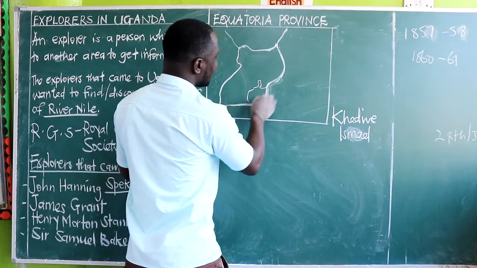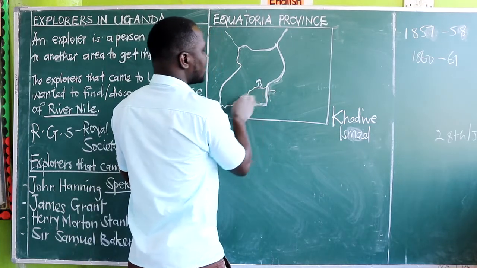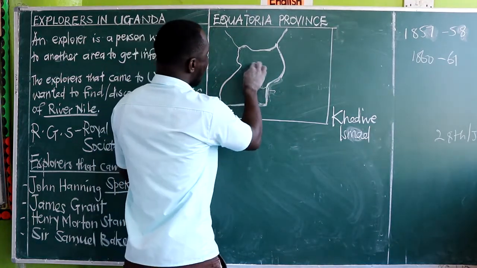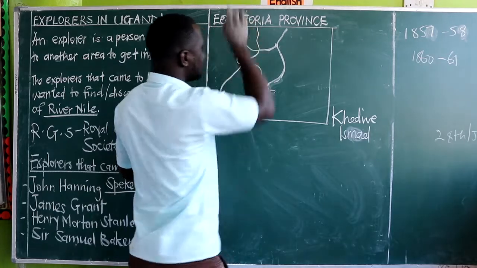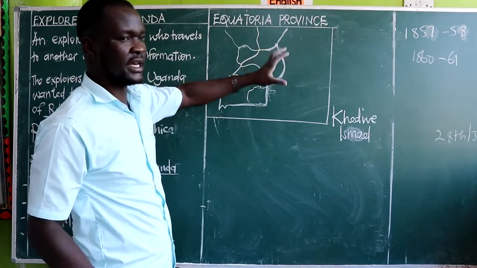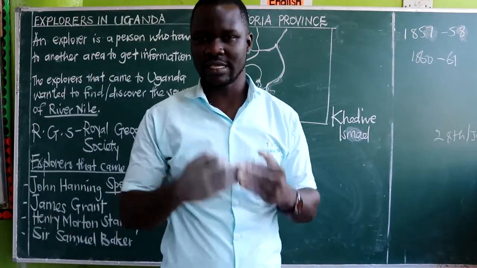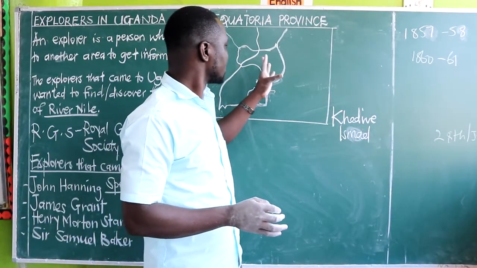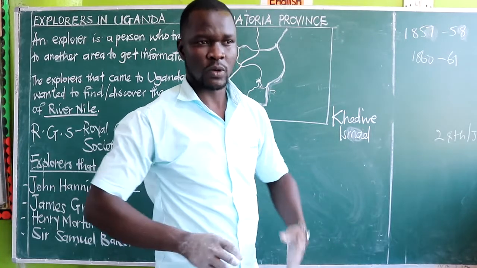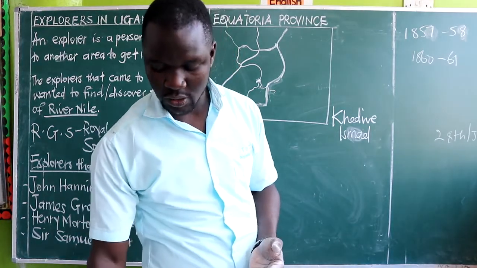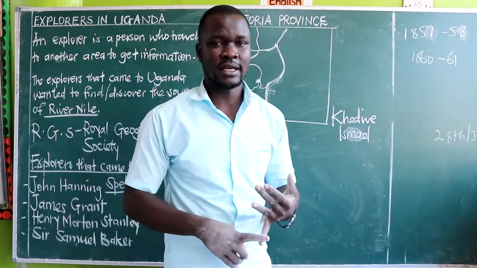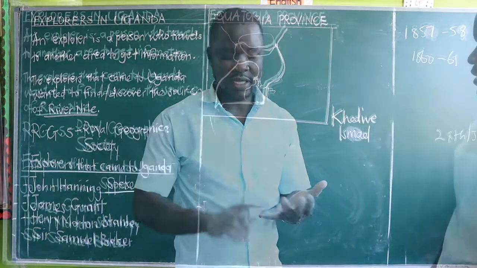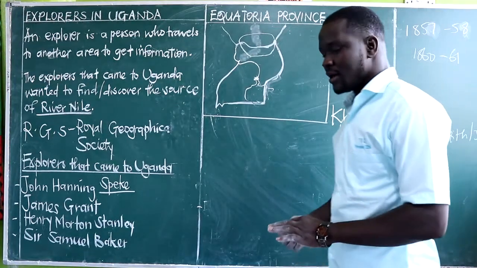Remember, the River Nile begins from Uganda, that is in Lake Victoria, as we saw. It goes up to Egypt. And Egypt is that country that entirely depends on this Nile. Remember Egypt is somewhat like a desert country. So for them, water is a challenge. So they take that river as their main source. So they use it.